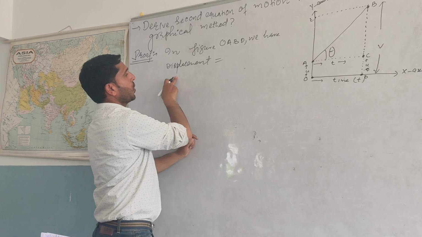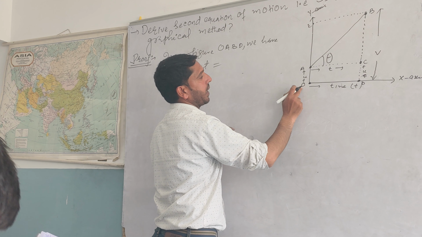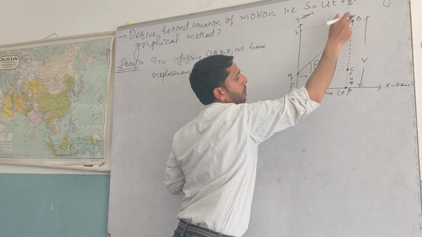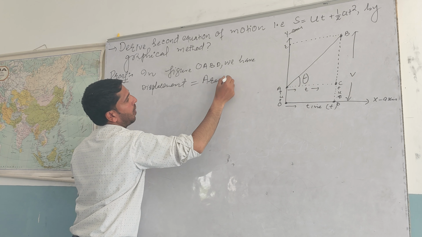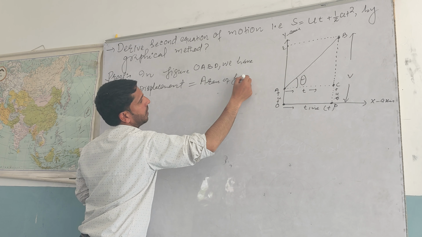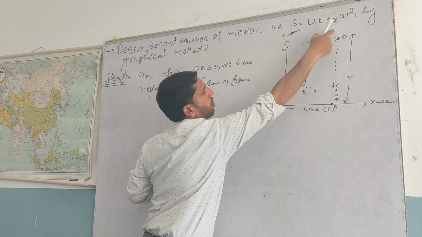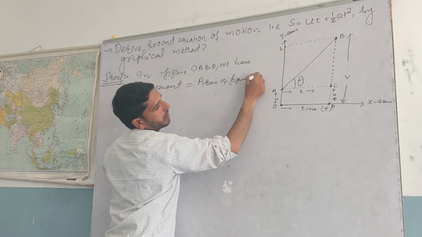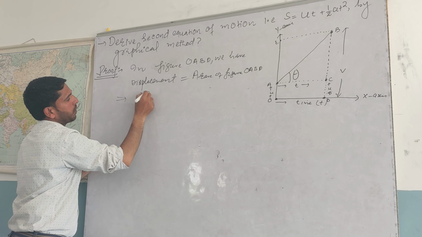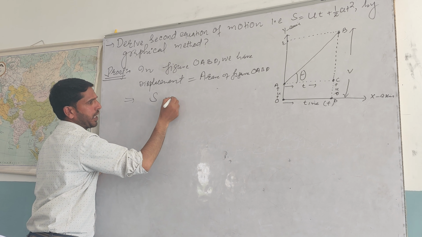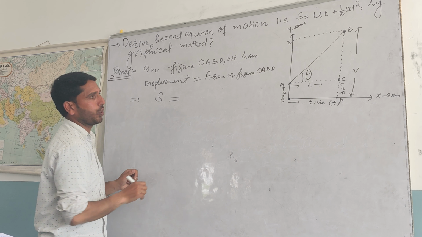We will take displacement equal to the area of figure OABD. Displacement is denoted by S.